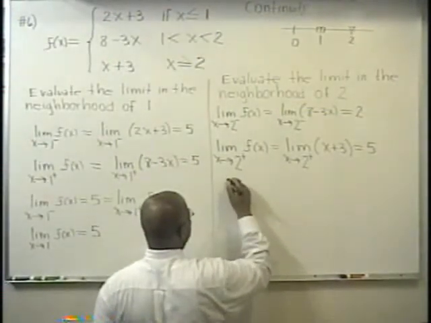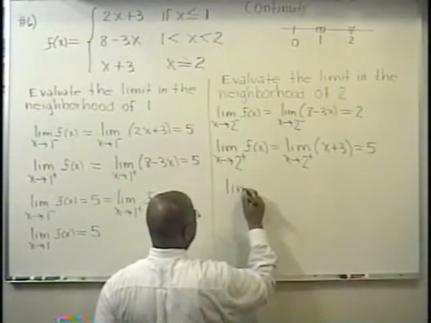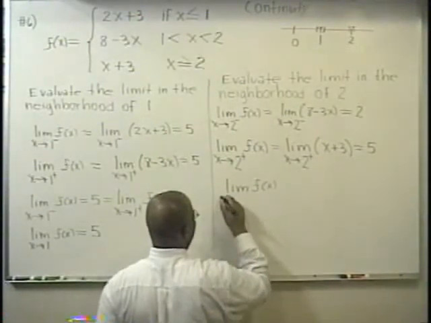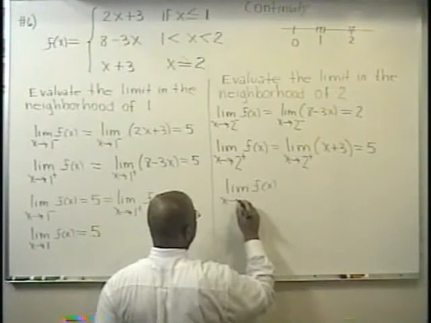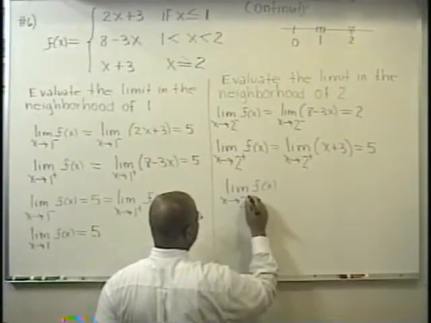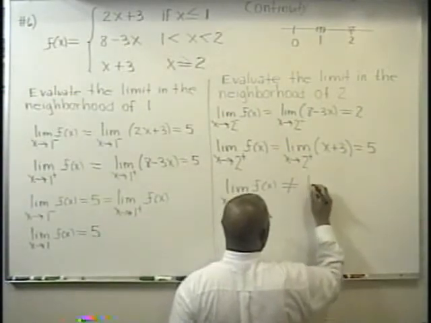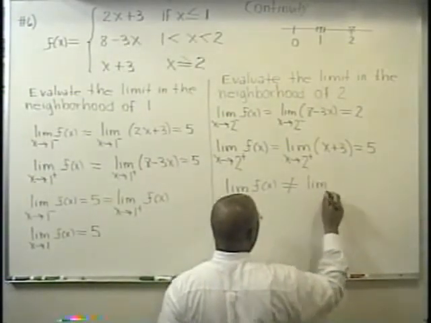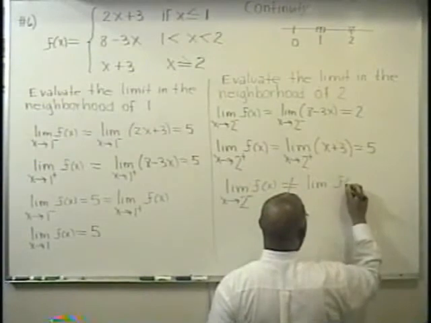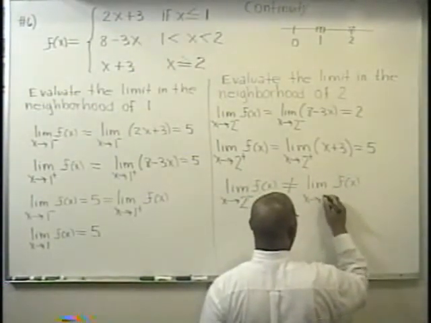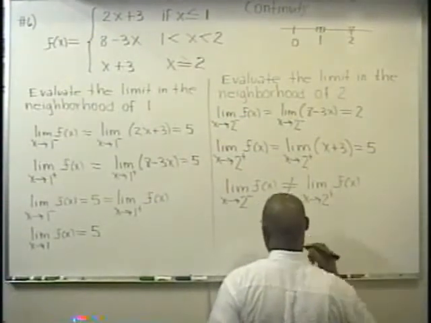We know now that the limit of f of x as x approaches 2 from the left, well, that is not equal to the limit of f of x as x approaches 2 from the right.